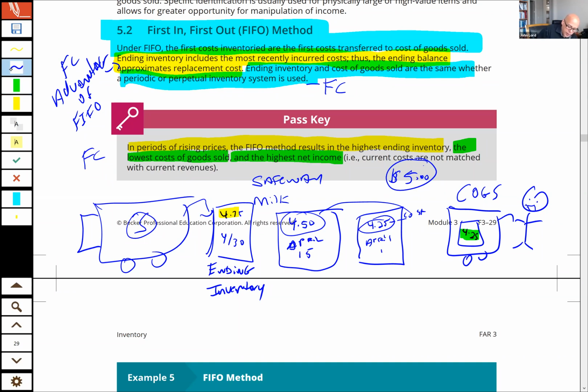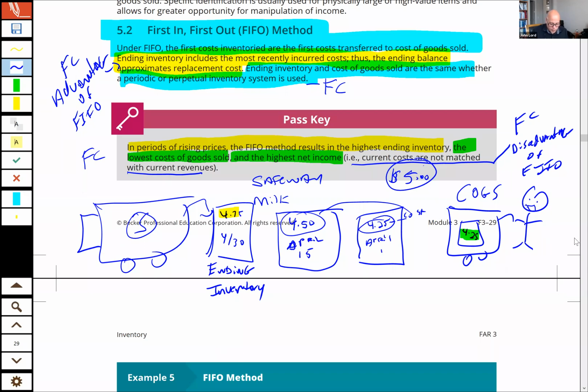Okay, flashcard all that. And then this part, current costs are not matched with current revenues. Flashcard that as a disadvantage of FIFO. That's a disadvantage of FIFO.